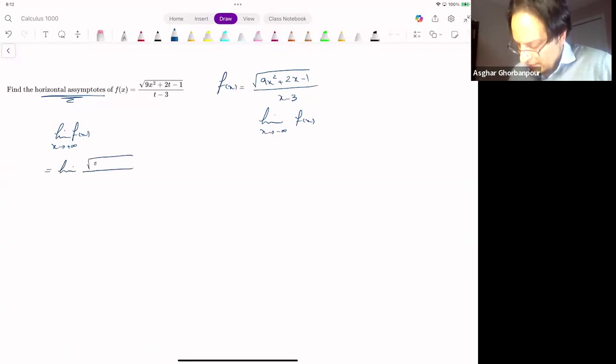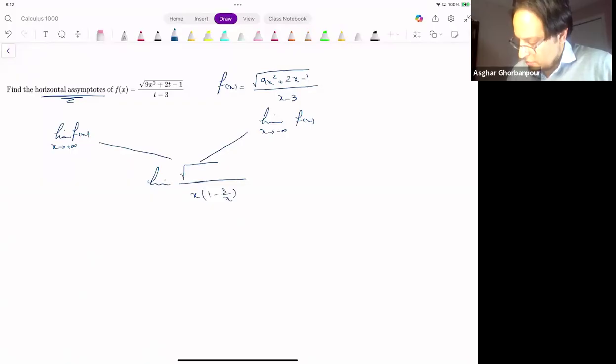And in both cases, actually, I'll write this in the middle so that it comes together. So in both cases, the dominant terms are the same. So I factor out x in the denominator. That comes out, and then there is 1 minus 3 over x.